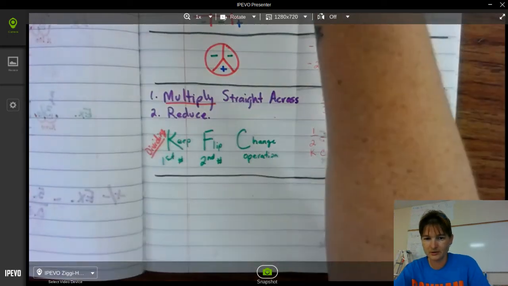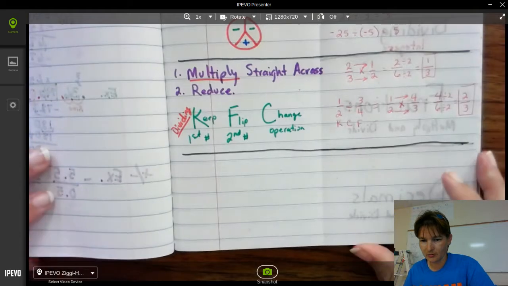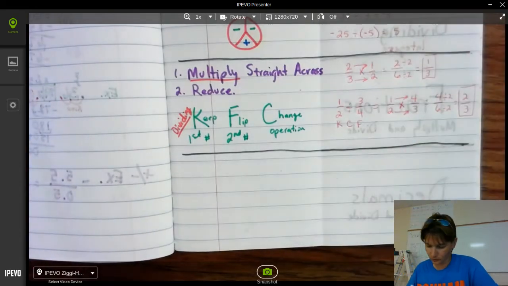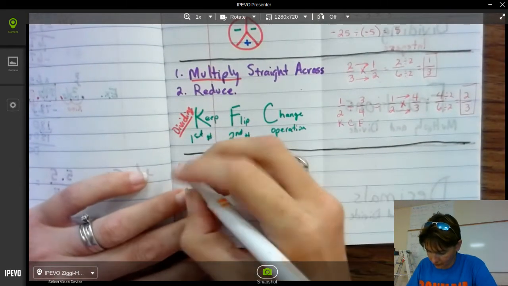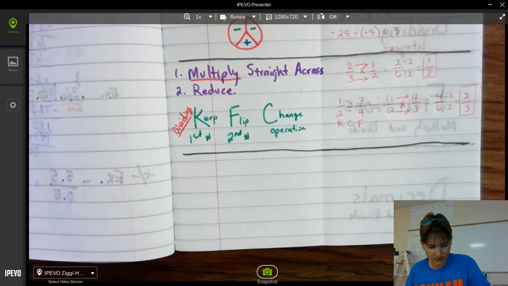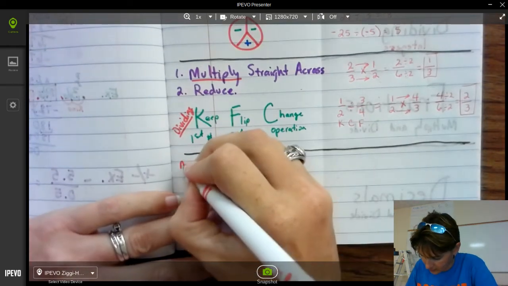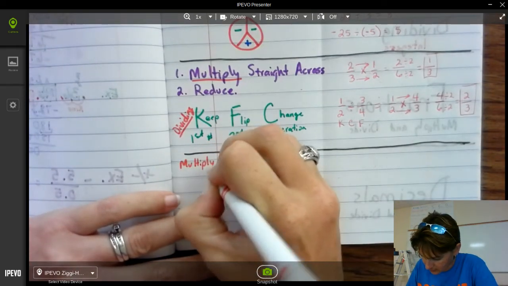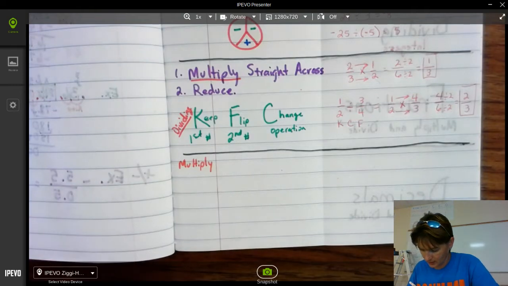Moving on to decimals. Okay, we have our multiplying with decimals. So first thing, let's write this in red. This first spot is going to be multiplying. All right.